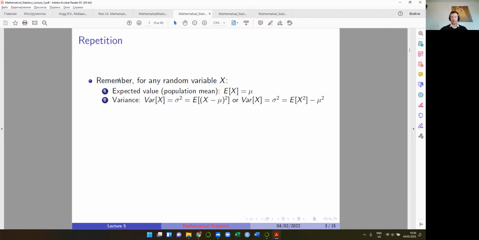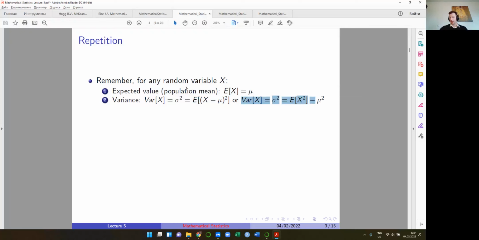And variance might be represented in one of two possible ways. Both are equivalent. In probability lecture number 7, I derived this expression with the help of the other expression. There are 3 or 4 steps from here to here. That must be familiar to you. Just do not be confused. Remember that we have this relationship.